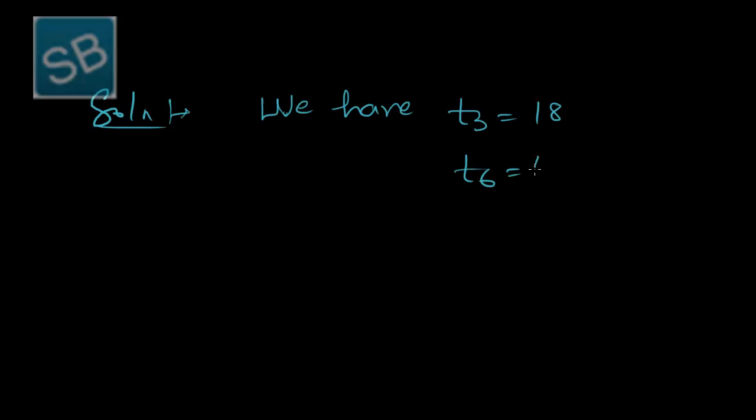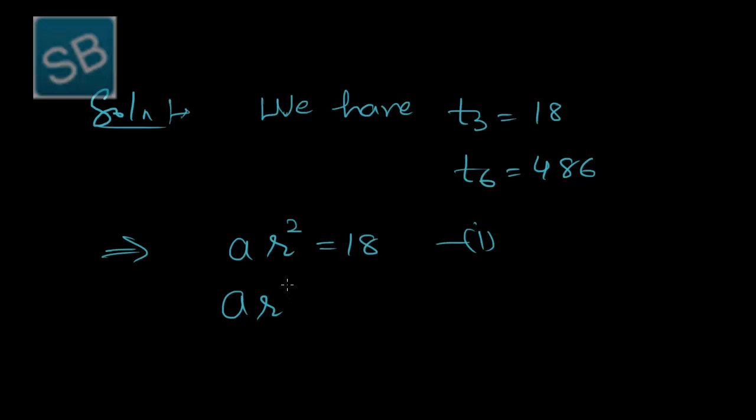Now the solution is: we have T3 equal to 18 and T6 equal to 486. As T3 is 18, that means AR^(3-1), that is AR squared, is equal to 18, this is number 1, and T6 is AR^(6-1), that is AR^5, equal to 486, this is number 2.